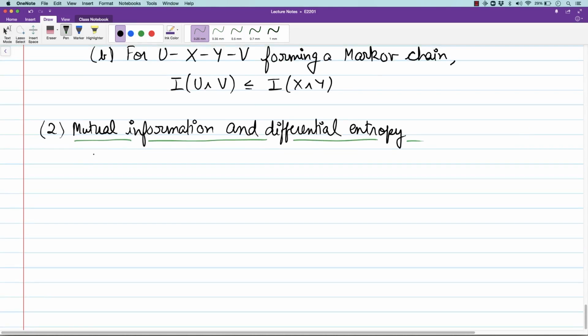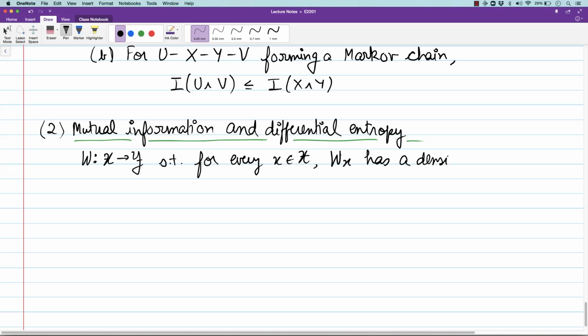So suppose we have a channel W from X to Y such that for every x, Wx has a density. Okay, the distribution Wx has a density. Now this is the situation.